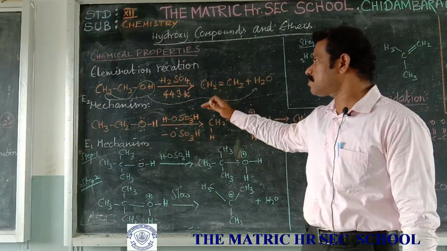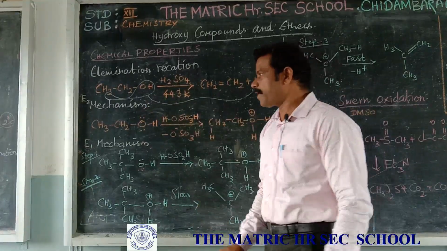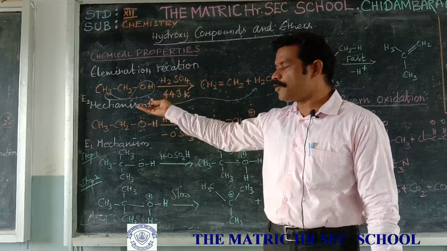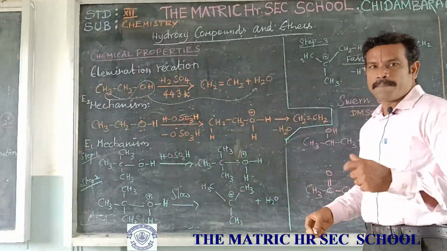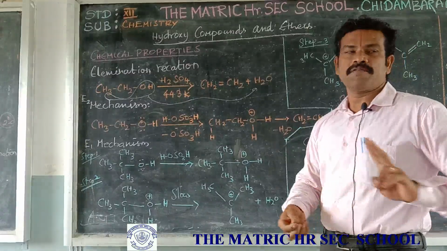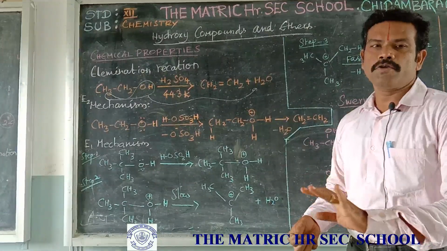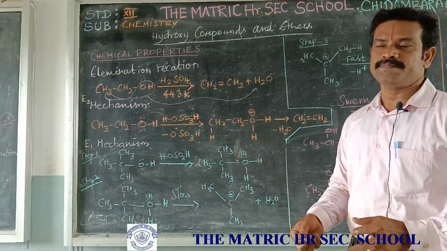What is the mechanism of this reaction, how is it possible? I will explain the mechanism. This reaction proceeds by the E2 mechanism. What is E? Elimination, and two types of elimination are possible: the first one, elimination unimolecular nucleophilic reaction, and elimination bimolecular nucleophilic reaction.